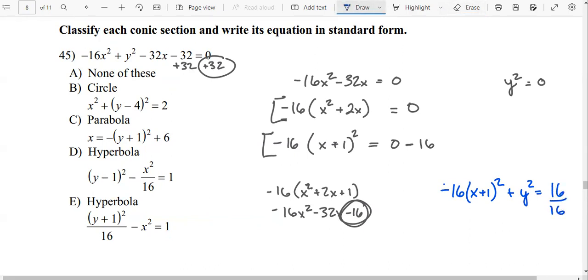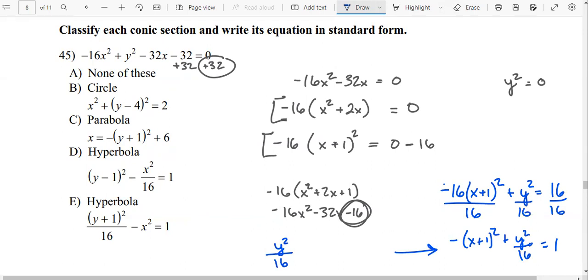And now I'm going to divide by 16 everywhere, because I'm going to get rid of that coefficient. And I'm going to end up with negative x plus 1 squared plus y squared over 16 equals 1. And we don't like to start these things with negative signs, so I'm going to switch it around to be y squared over 16 minus x plus 1 squared equals 1.